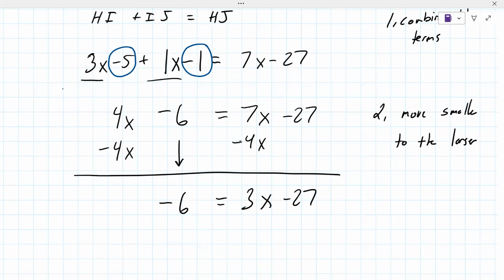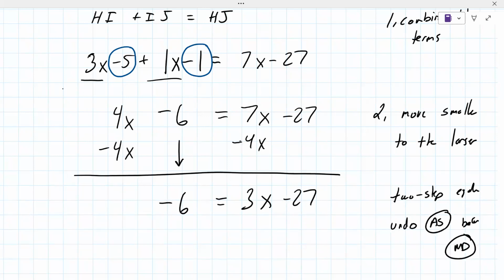All right, now, do you remember how to solve this two-step equation? No. Okay, so you undo addition and subtraction before multiplication and division. So when you look at the side with the variable, 3x minus 27, what is being added or subtracted?